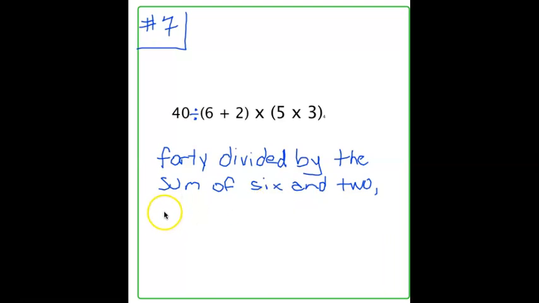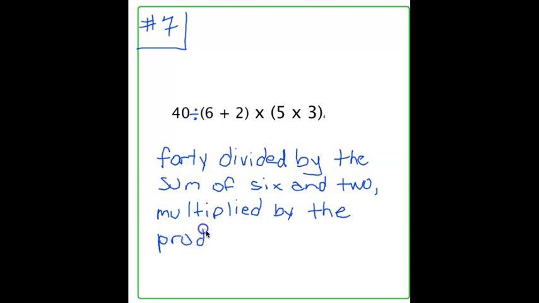Multiplying it by the what? Multiplied by the product of 5 and 3. There we go. We have translated it into words. So 40 divided by the sum of 6 and 2 multiplied by the product of 5 and 3.